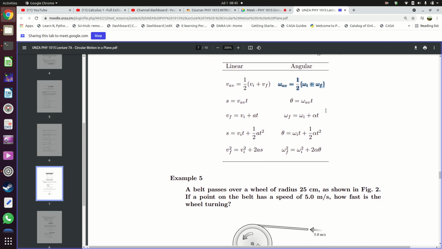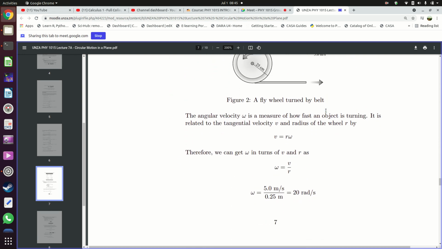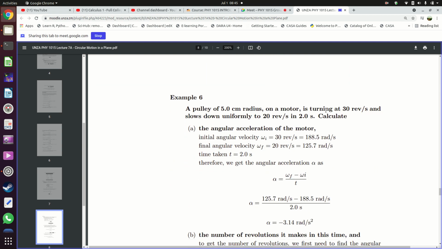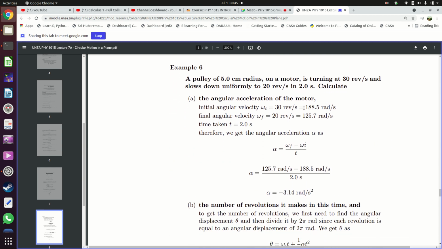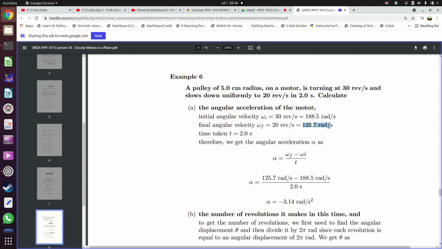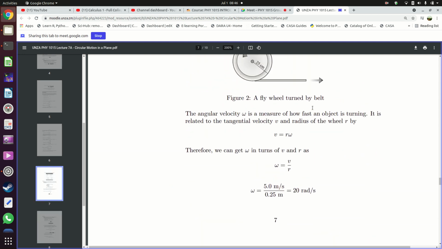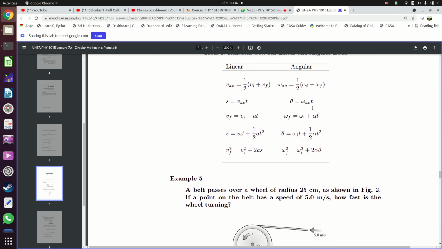So with what we have here, if someone can give us with the calculator how much this plus this is: 188.5 plus 125.7, so this is omega i and omega f. We add these, then we divide them by 2. When we divide them by 2, we get the average angular velocity.